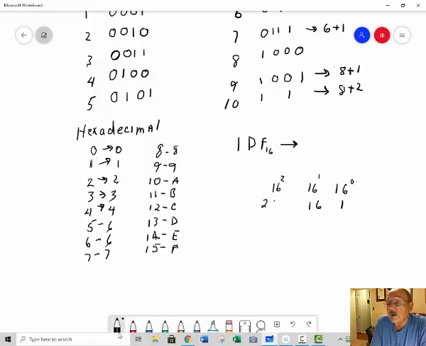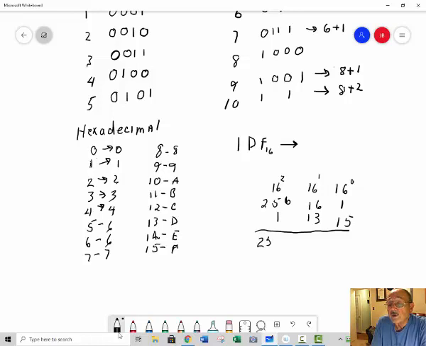And 16 squared is 256. So that means I have 1, D. D is what? D is 13, so that would be 13 here. And F is what? F is 15.